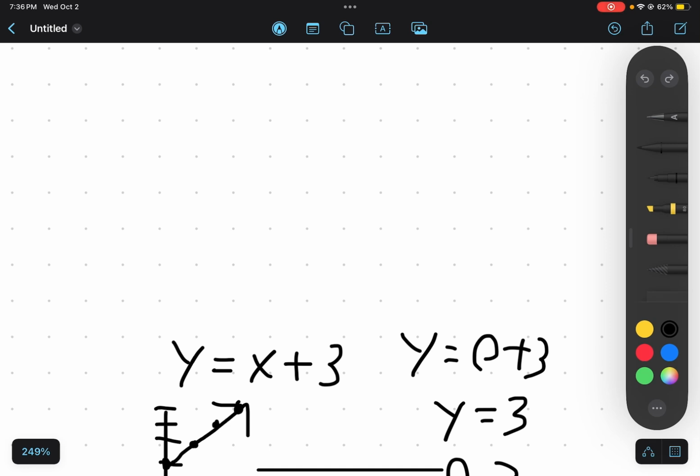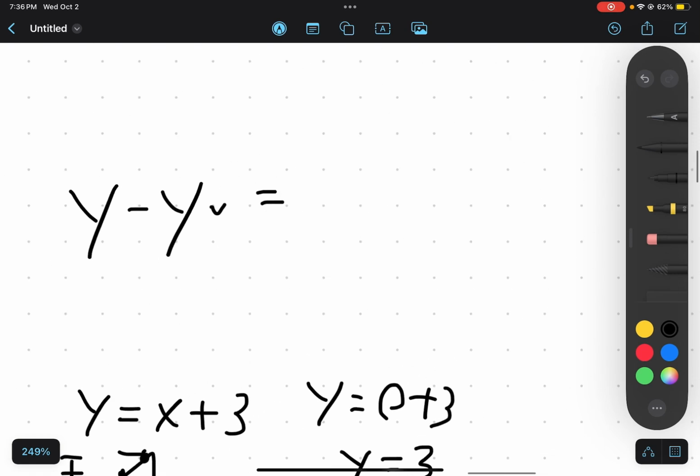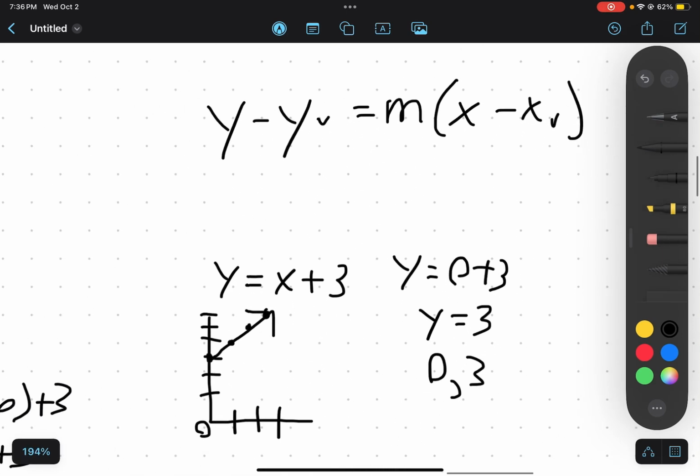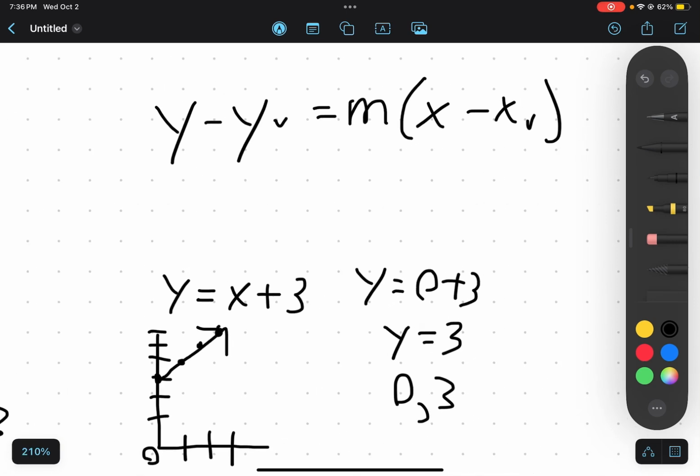So point slope form equation is y minus y value, I'll just write v for now, equals m or k, interchangeable, as slope, times x minus x of value, or point. So let's use the y equals x plus 3 graph that we just graphed out, and let's choose a plot point. Let's try 3, 6.